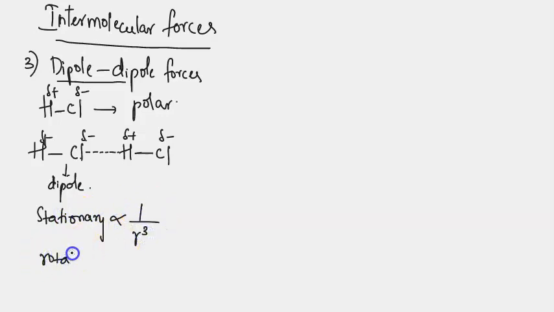If the molecules are rotating, in such a case the magnitude of the dipole forces is inversely proportional to r power 6. We can show the electron cloud of HCl. The single bond between H and chlorine is more directed towards the chlorine because it is polar.